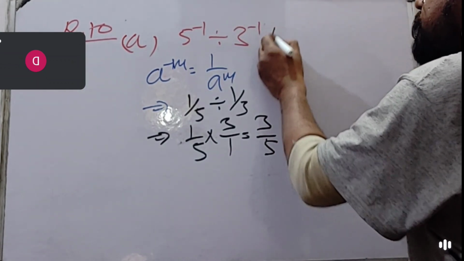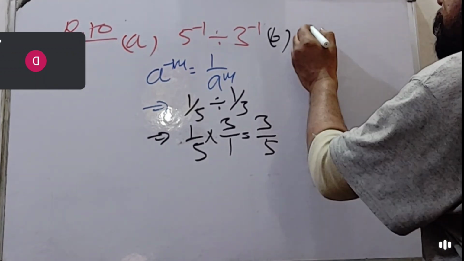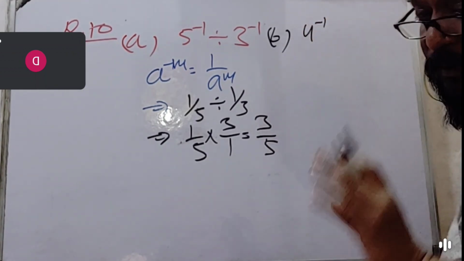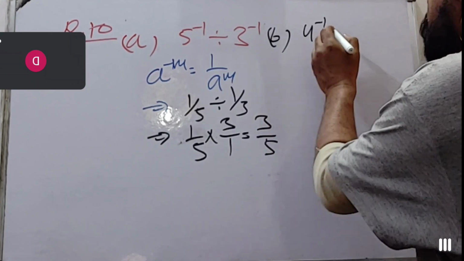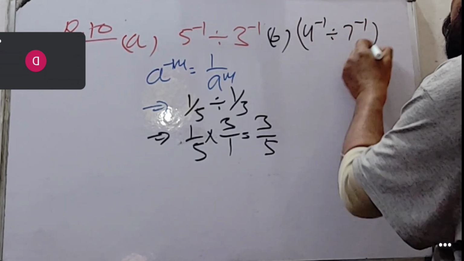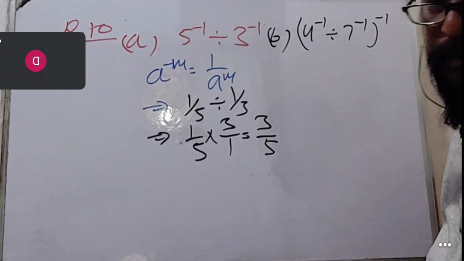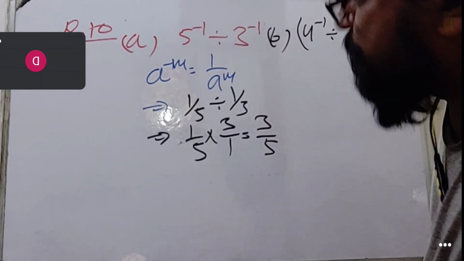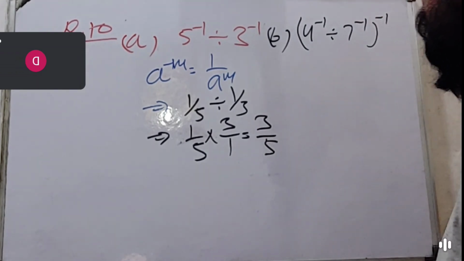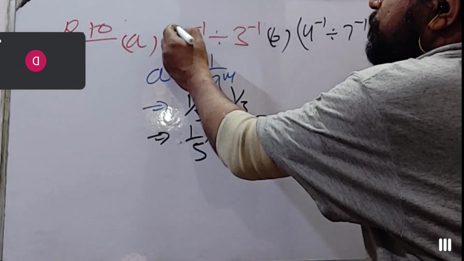Now next B is (4^-1 divided by 7^-1) whole power minus 1. This is in whole power 2.